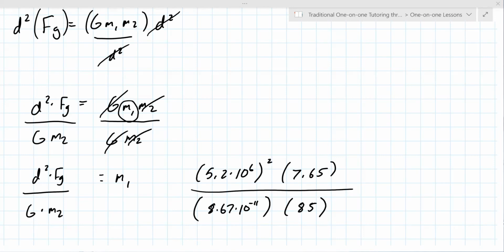So when you do all this, you get 5.75 times 10 to the 12, or 5e to the 12.